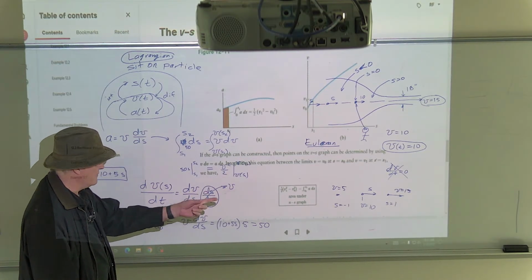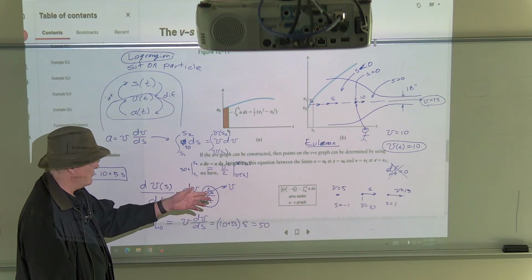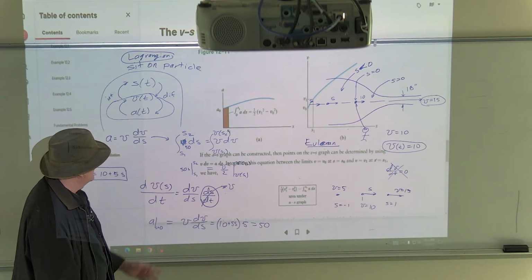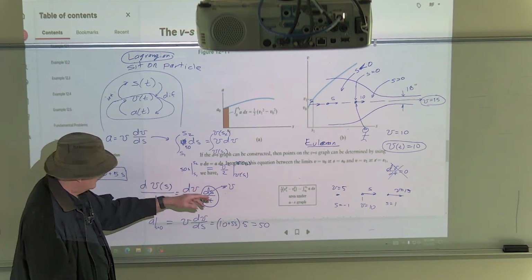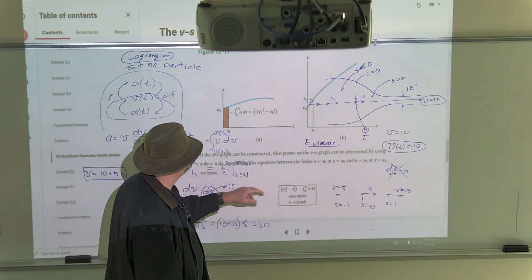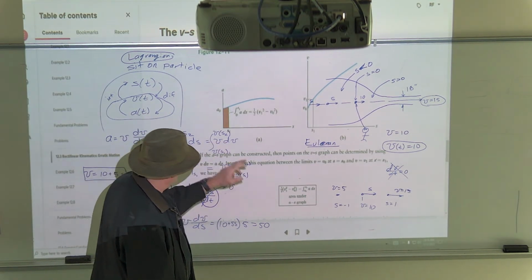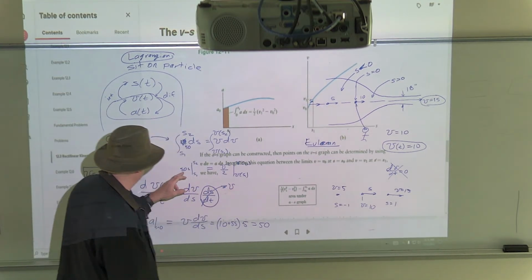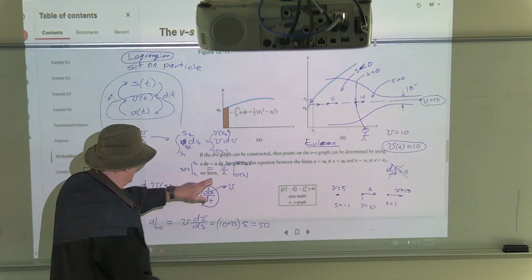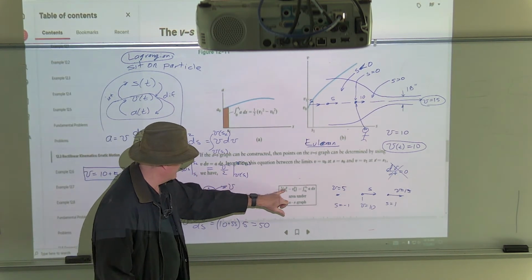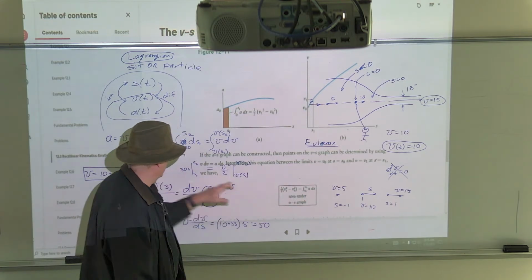I know a 5, I know a 10, and I know a 15. I know three places. So the key is, when I saw this, I was like, uh-oh, I forgot that. And so the key is this 1/2 V1 squared minus V2 squared actually is that. I've got mine this way. This term is this one. That term is this one.